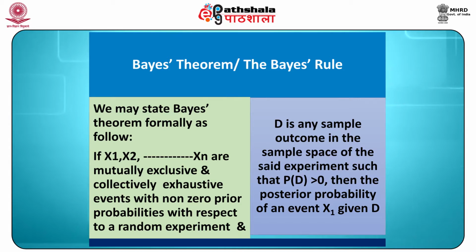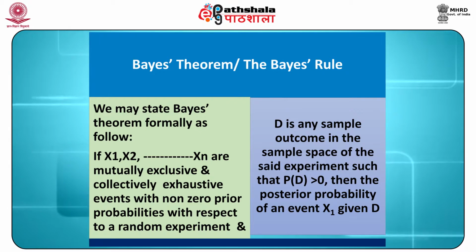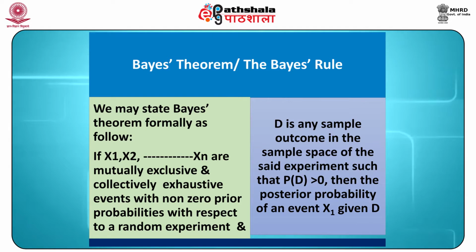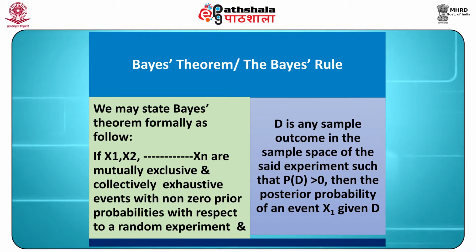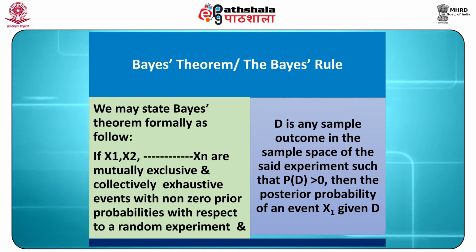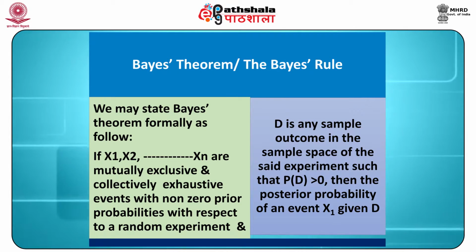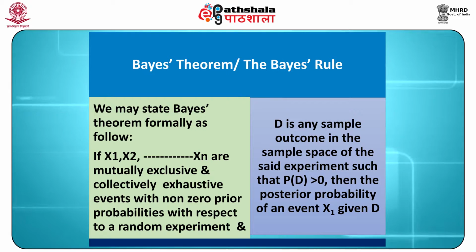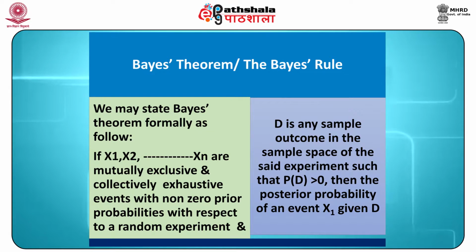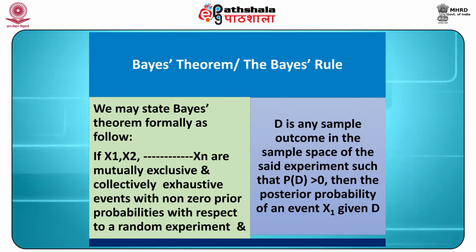So, if X1, X2 right up till Xn are mutually exclusive and collectively exhaustive events with non-zero prior probabilities with respect to a random experiment, and if D is any sample outcome in the sample space of the said experiment such that probability of D is greater than 0, then the posterior probability of an event X1 given D is.